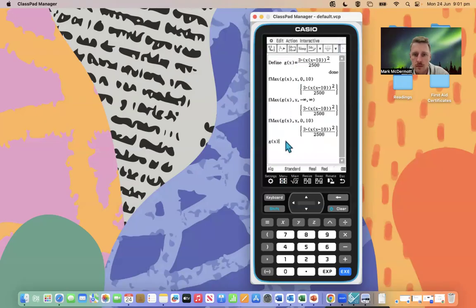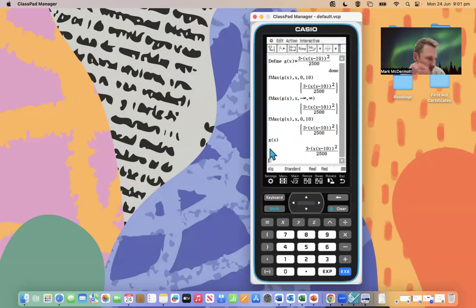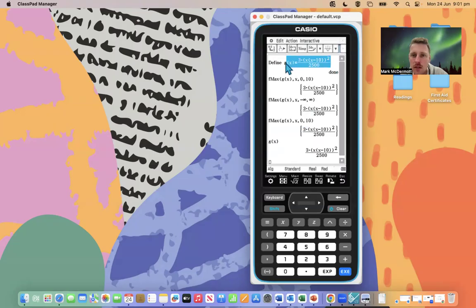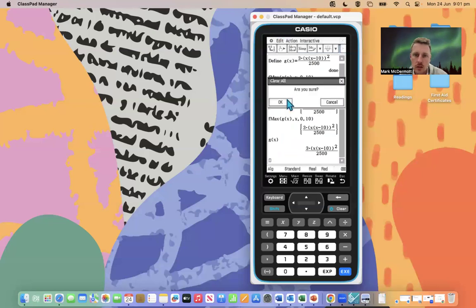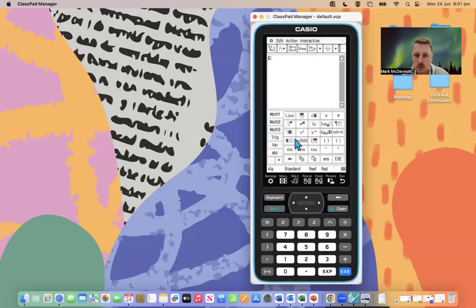Is that even what I typed in? Where did that extra bracket come from? Do not know why there's a bracket there. I'm slowly going crazy. Let's delete all that and try again.